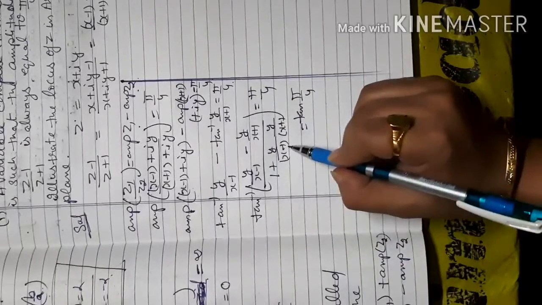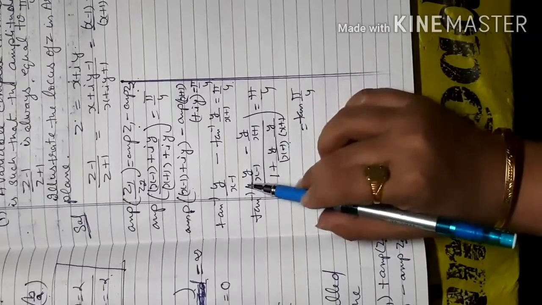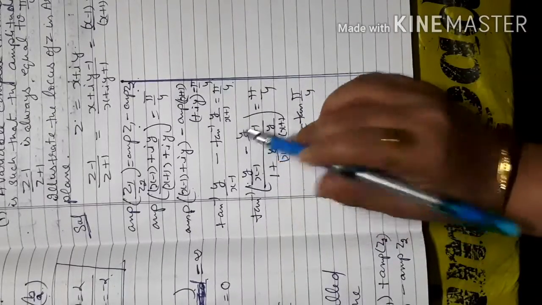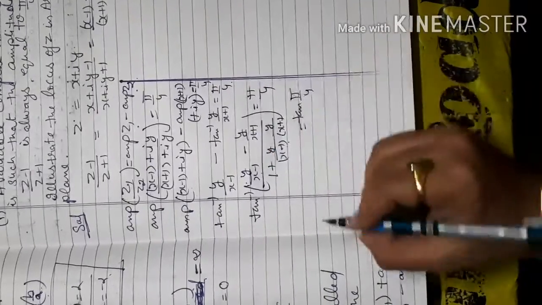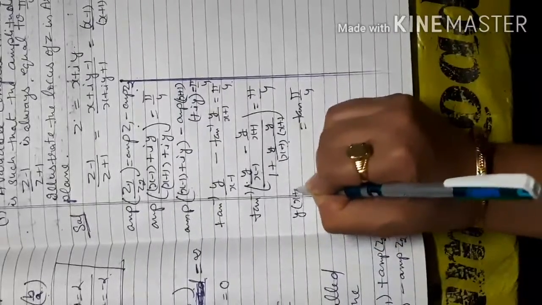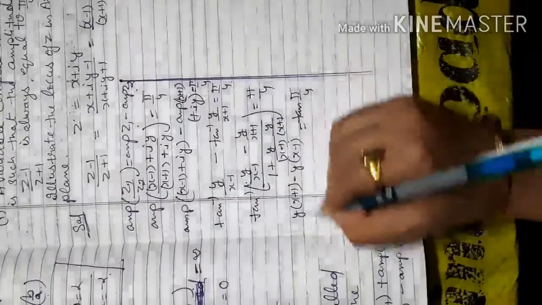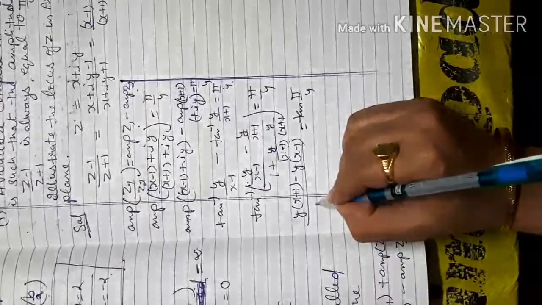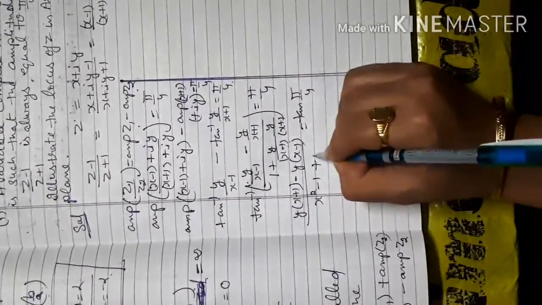In the denominator, that is x square minus 1, using a minus b and a plus b. Then x plus 1 will be multiplied with y, and x minus 1 will be multiplied with the other y, with a negative sign between them. My required condition will be y(x plus 1) minus y(x minus 1) upon x square minus 1 plus y square.